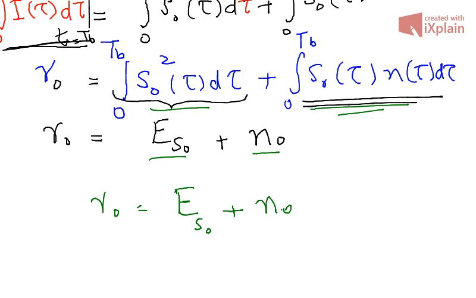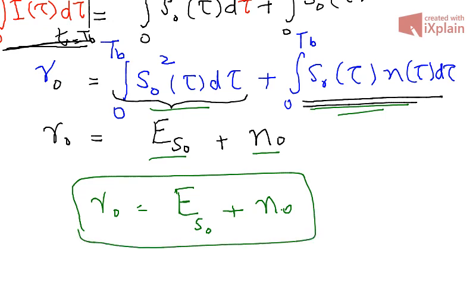And this N naught, we would analyze it. This N naught is actually noise, and it is Gaussian with mean 0 and variance sigma square. We say this and we represent it this way.